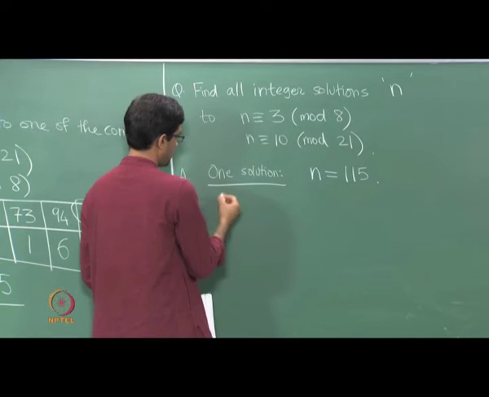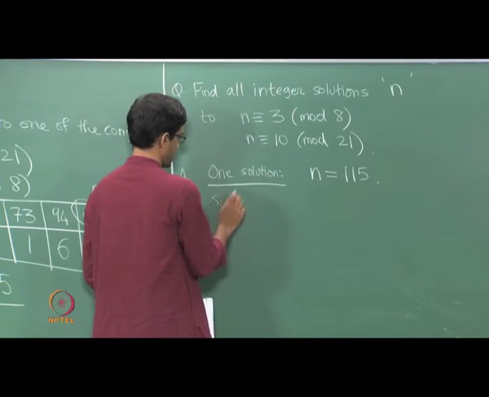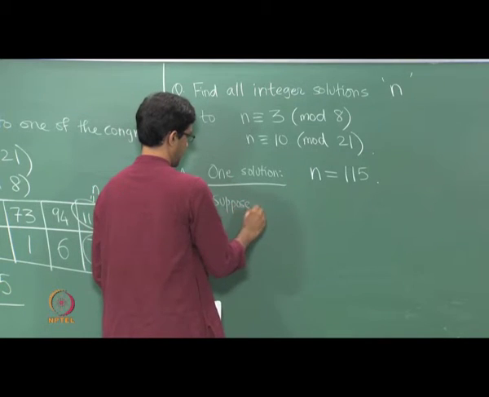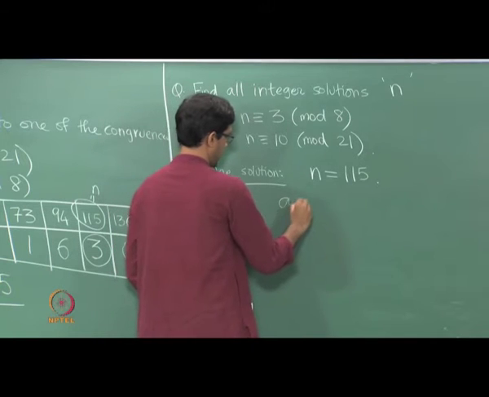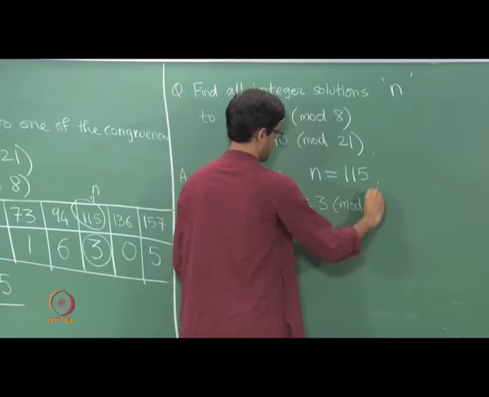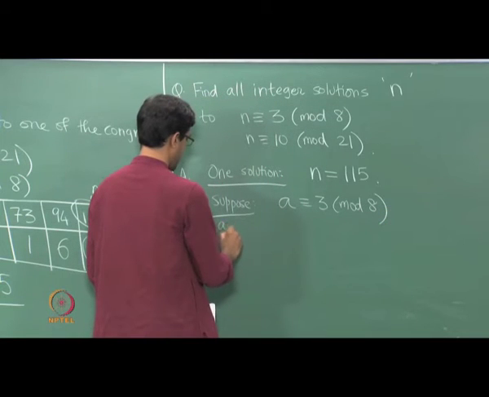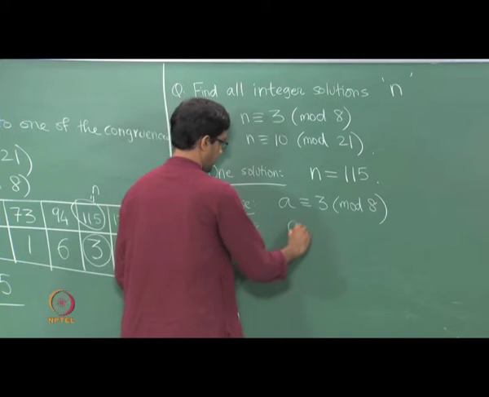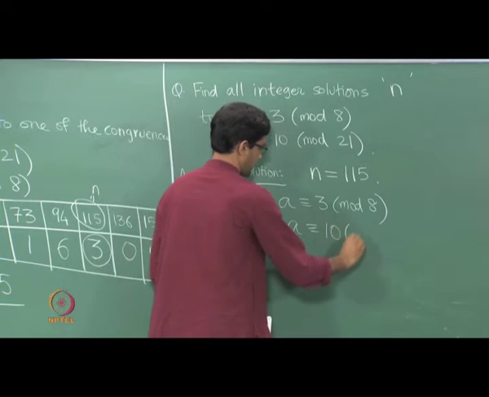Suppose A and B are solutions. So A and B are integers satisfying A congruent to 3 mod 8 and 10 mod 21.